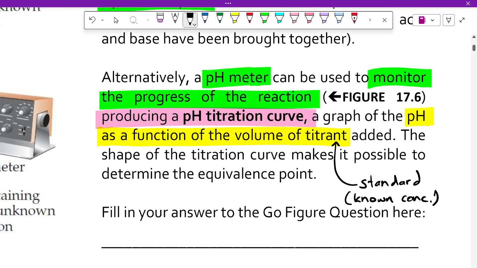So you would have a curve of, say, volume of NaOH added versus pH. And you can find the equivalence point that way instead of using an indicator.